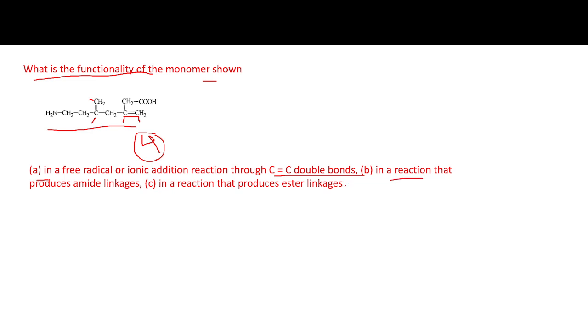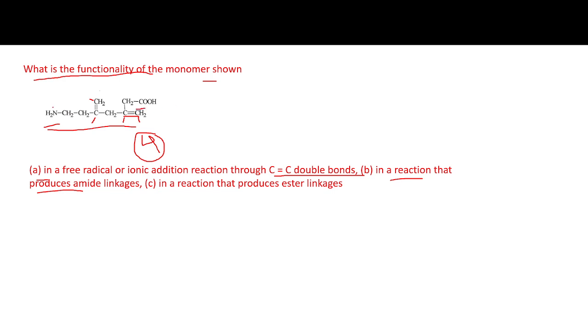Then, in a reaction producing the amide linkage, another monomer of this type will come.